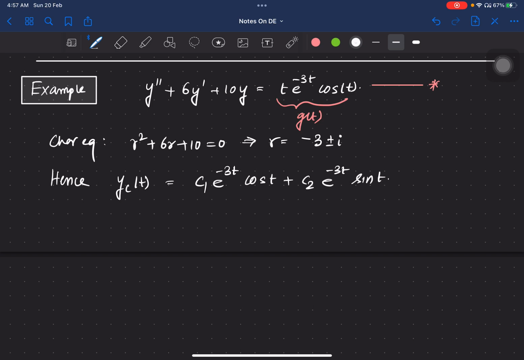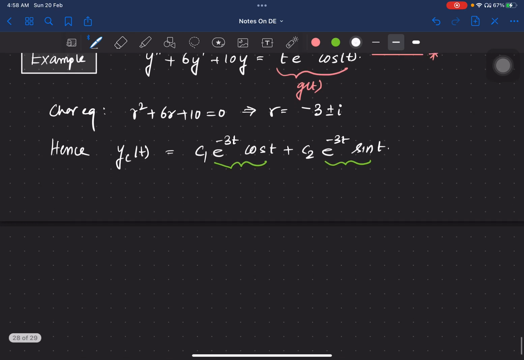So this is the solution of the homogeneous part. So what you observe is that this thing, e power minus 3t cos t, is a part of the homogeneous solution, right? So for this thing we have to take t times the solution.